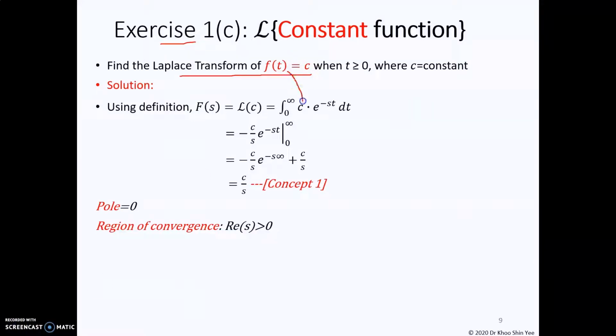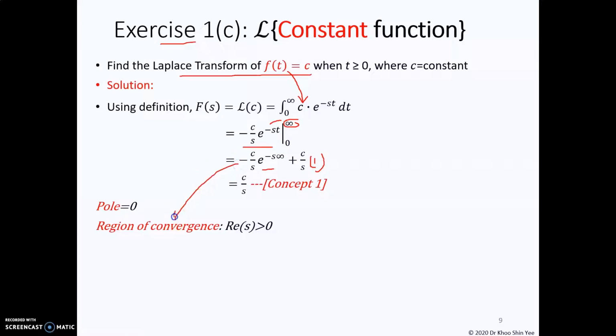Substitute the f(t) inside the definition. Integrate it, you should get this answer. Substitute the infinity limit inside, you get this term. Substitute the 0 inside, you get exponential to be 1 here. And then negative, you get positive here.